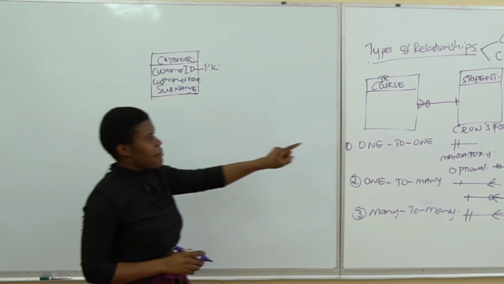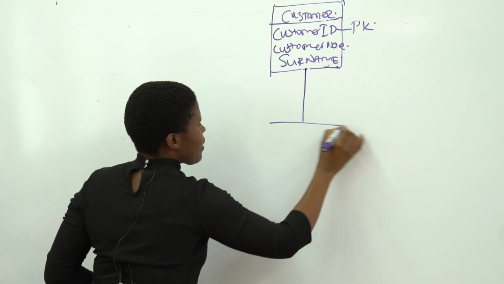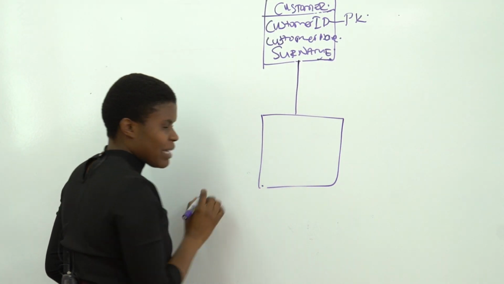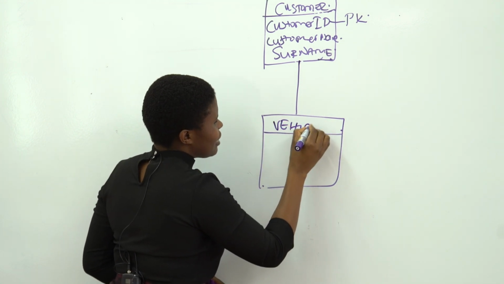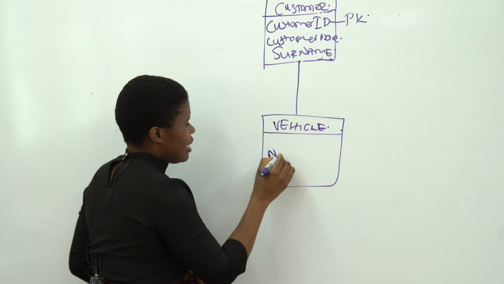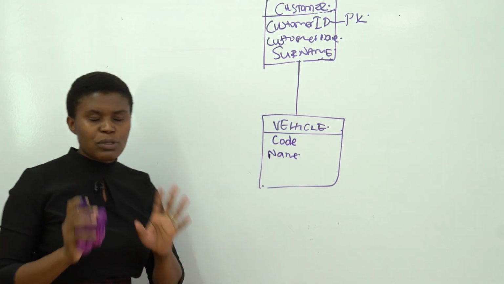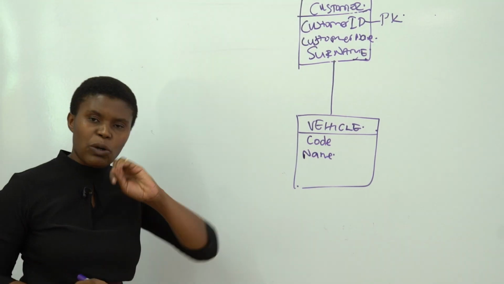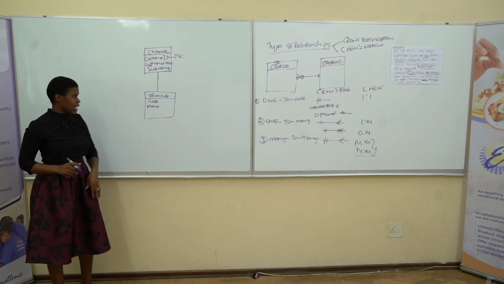So what does the customer do? A customer can book various vehicles. The next thing that the customer does is a booking, but of what? A vehicle. The vehicle has a name, remember the attributes, and a code or an ID, because they have put codes on the cars so that you will know that car 1 is gone, car 2 is gone, so that a person who comes back must not request a car which is already hired.